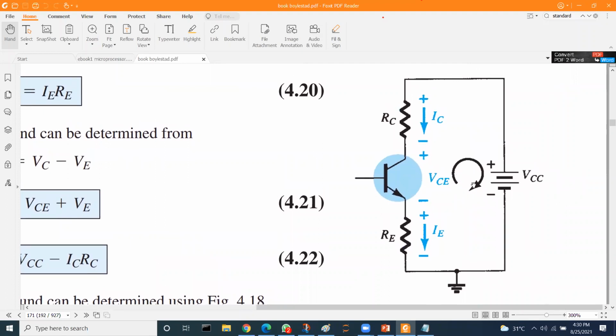So in the output side, as you can see, the voltage is again dropped through these resistances, and also the junction, the N types, both N types, which are the collector and the emitter.